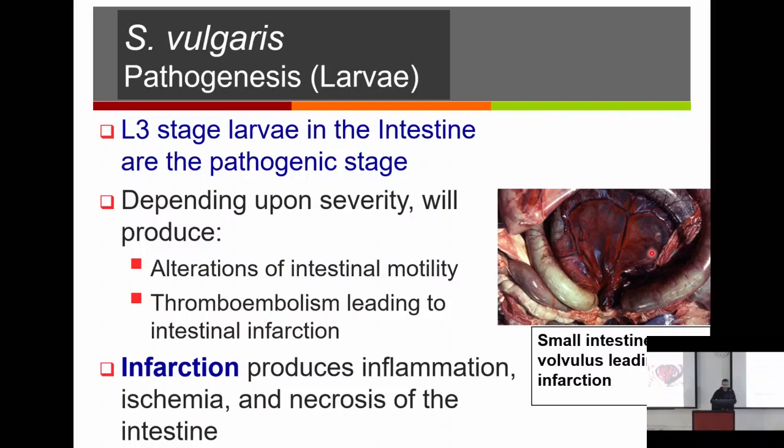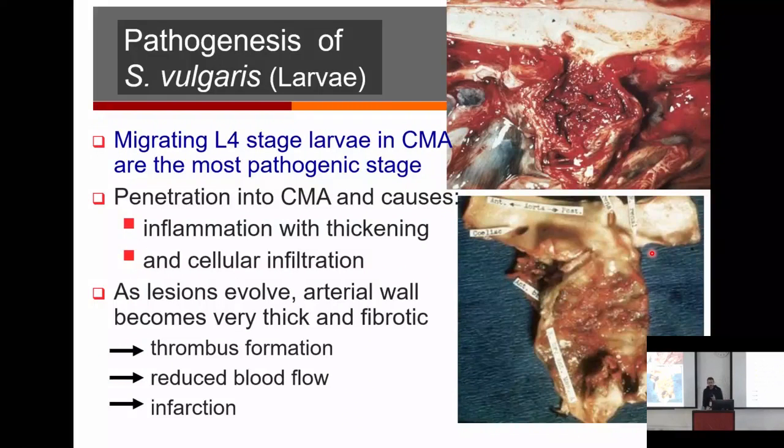Okay, so L3 stage larvae cause very severe lesions in the intestine. First, once they invade into the intestine after ingestion of the L3 stage larvae by the horse, they convert into L4 stage larvae in the intestine, and because this parasite has a migratory behavior, it migrates into the cranial mesenteric artery, and is also pathogenic there.